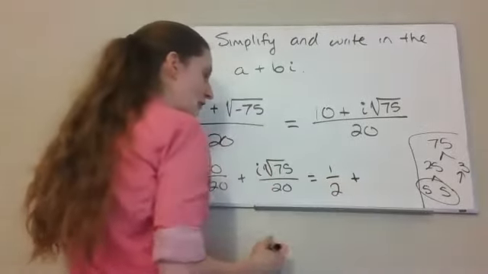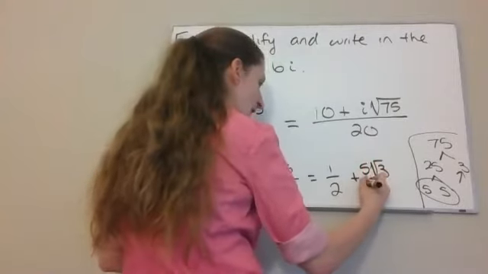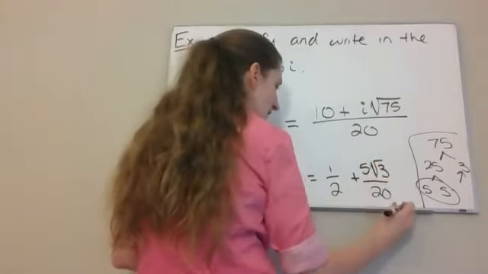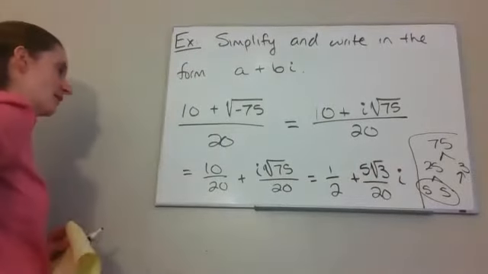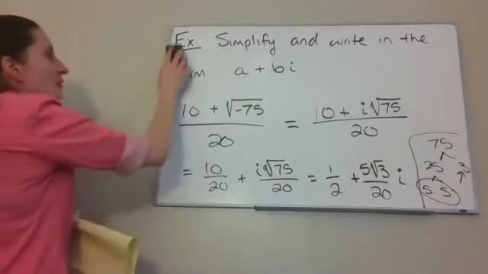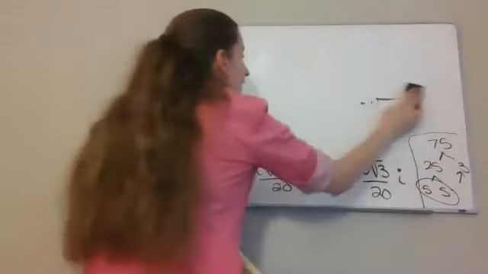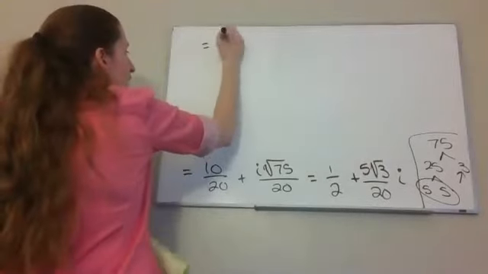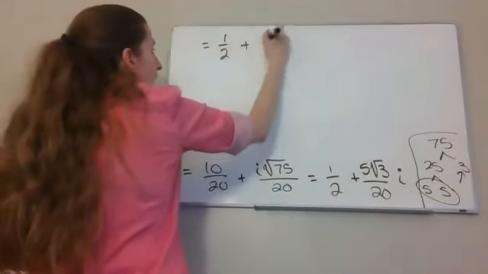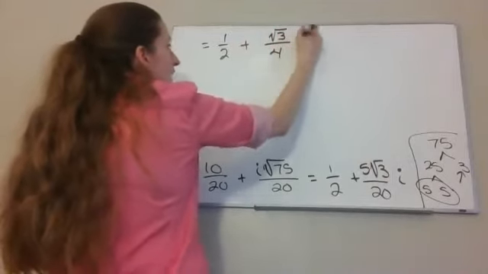Simplifying my square root of 75, I have 5 times the square root of 3. I still have a 20 in the denominator, and that's multiplied by my i. And now I just have to simplify that last fraction, and I will have this fully simplified and in the correct form. So I get a 1/2 plus a square root of 3 over 4 times i.